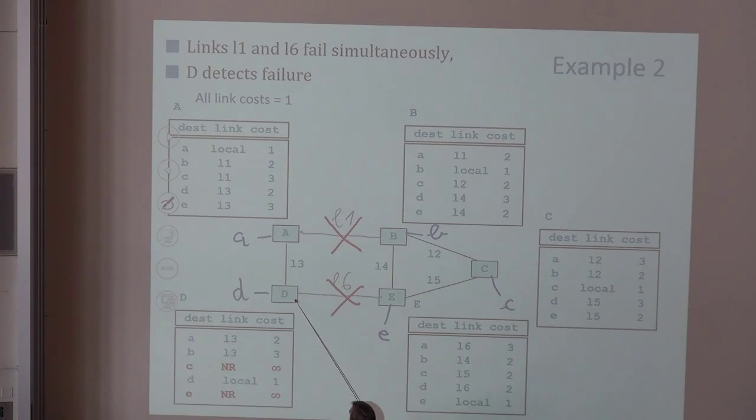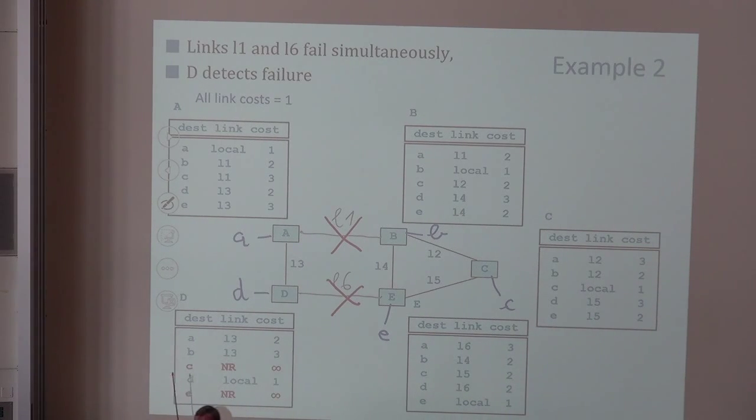Well, at D first, for example, assume D detects the failure first, then the routes C and E that went via interface L6 will be declared as invalid. There are several mechanisms for that. It can be like before, when a router crashed, it can be because D will detect that there is no periodic update sent from E. That's one way to detect the failure of the link.